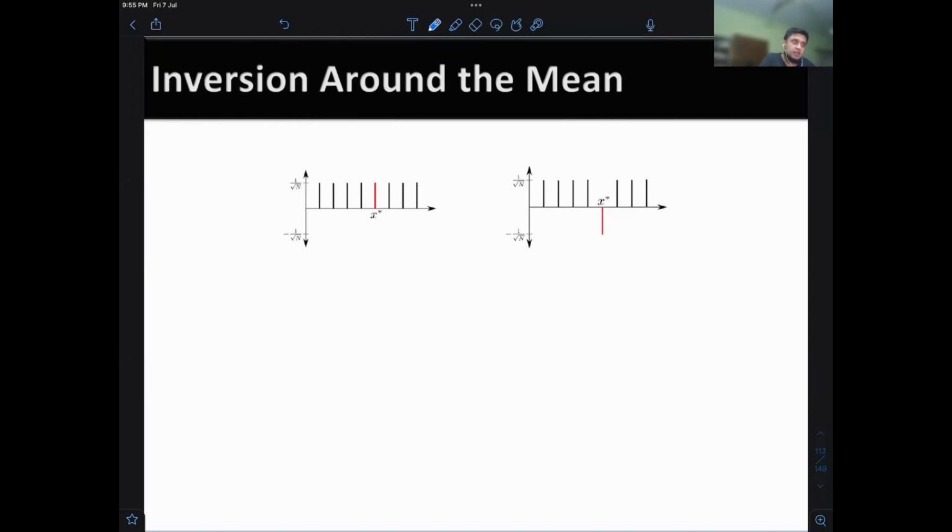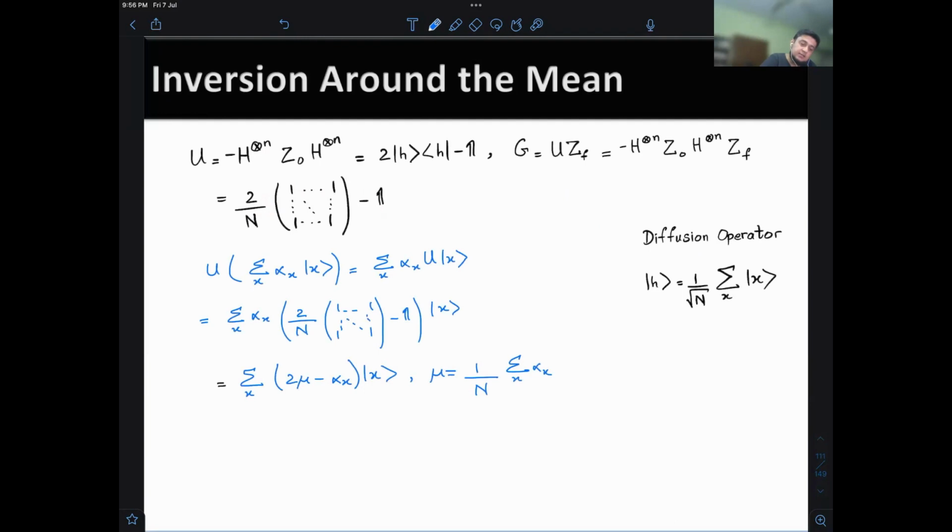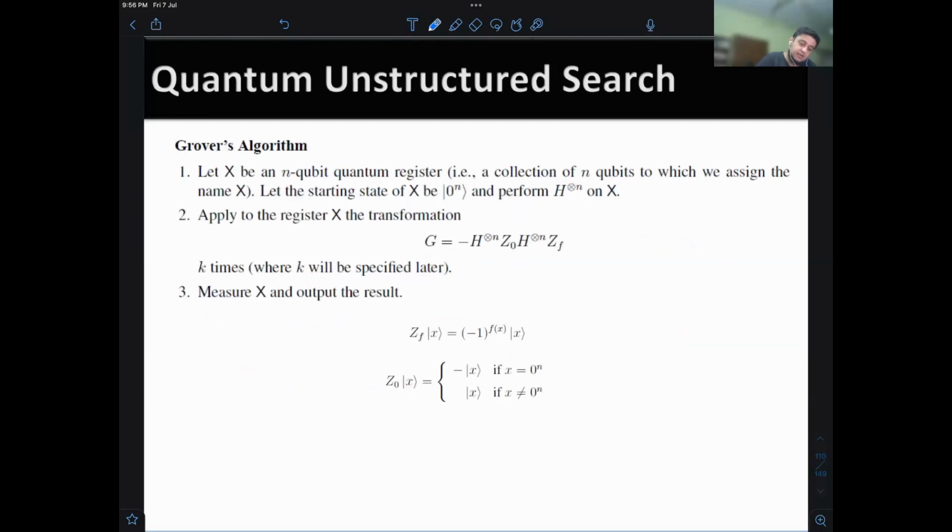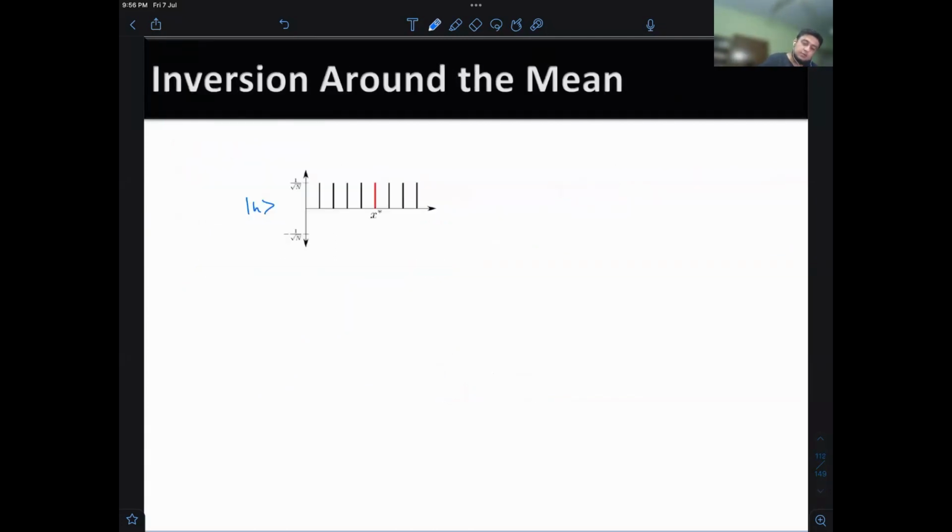And the way to think about it is, before the inversion around the mean, we apply z sub f, right? What was z sub f? It's the oracle call, which puts a -1 sign in front of the cases where f of x evaluates to 1.